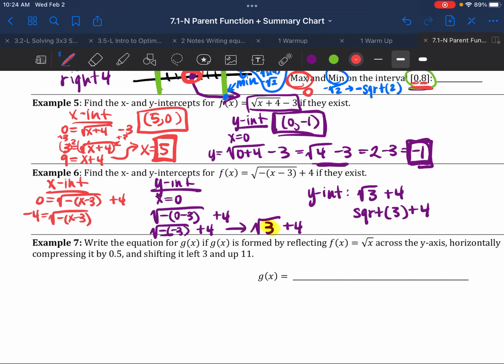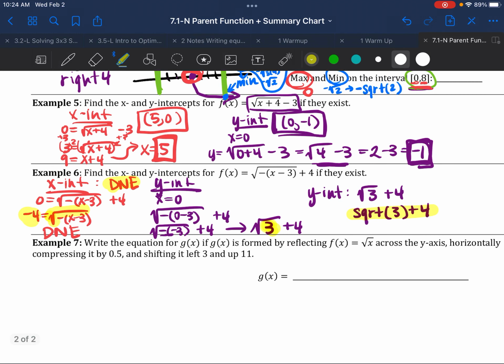And then I'm going to stop right here, because just like we talked about on the front of the worksheet, I have a positive square root. There is no way I can take a positive square root and get a negative number. Okay, and so this is where I stop and say DNE. And so on Canvas, the x-intercept does not exist. The y-intercept is square root of 3 plus 4.